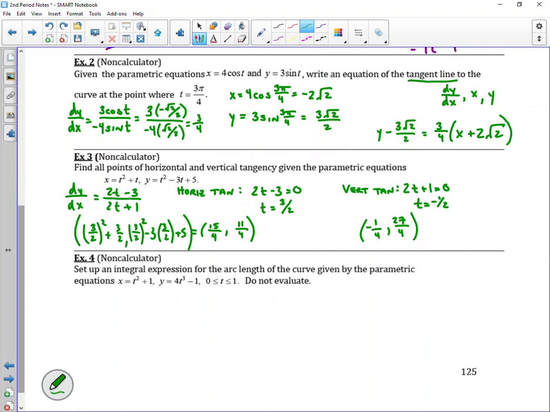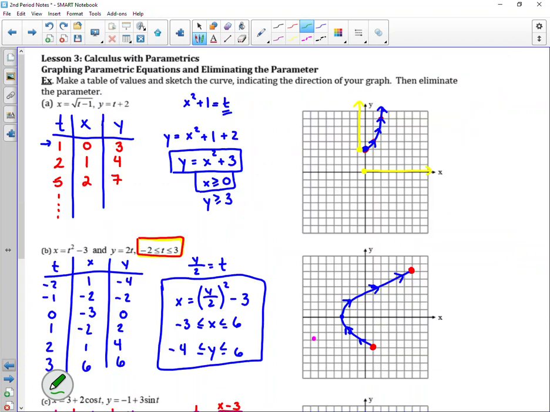Okay. Last part is set up an integral expression for the arc length of the curve. Now, that's interesting because if you have a parametric, let's think about what arc length is.